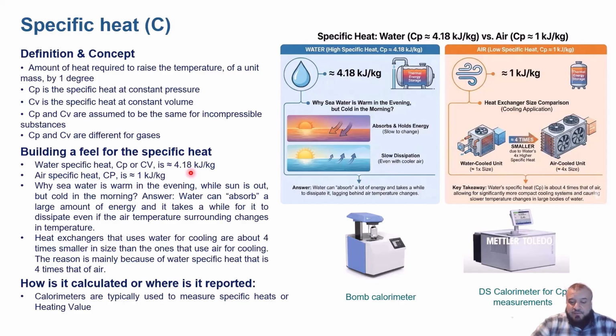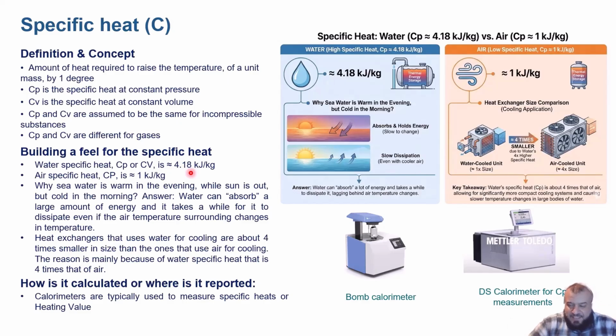Here's the fun part. If you are using water to cool something, or using air to cool something, the size of that device where water is running to cool something will be maybe 1/4, 25% of the size of one where you are using air instead of water.